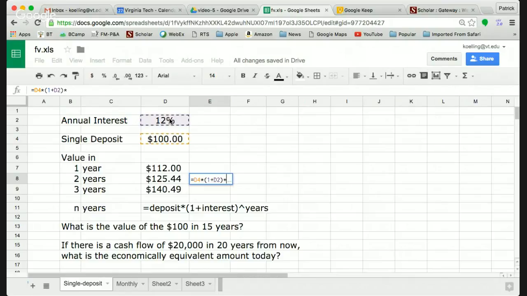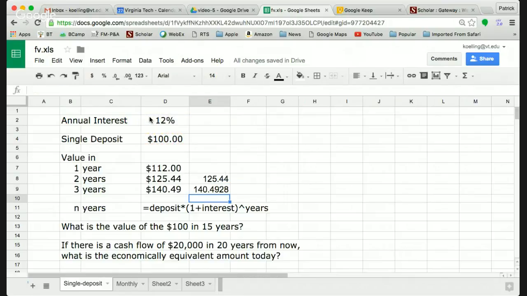So let's just do that again here, times 1 plus the interest rate. And we get 125.44. In the third year, we could do the same thing. It's equal to 100 times 1 plus the interest rate times 1 plus the interest rate times 1 plus the interest rate.